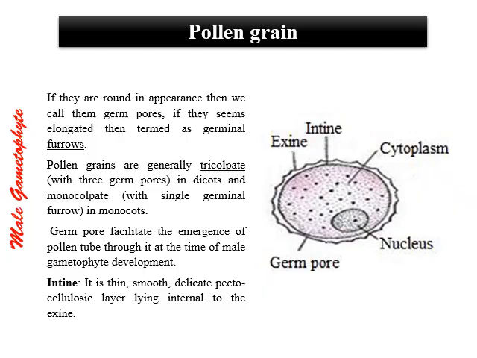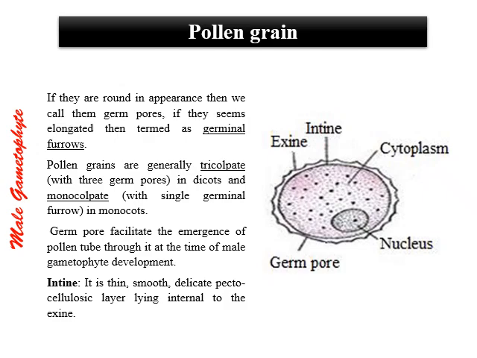If they seem elongated, then it is termed a germinal furrow. Pollen grains are generally tricolpate with 3 germ pores, specifically in dicots, and in monocots they are called monocolpate with a single germinal furrow. The germ pore facilitates the emergence of the pollen tube through it at the time of male gametophytic development.